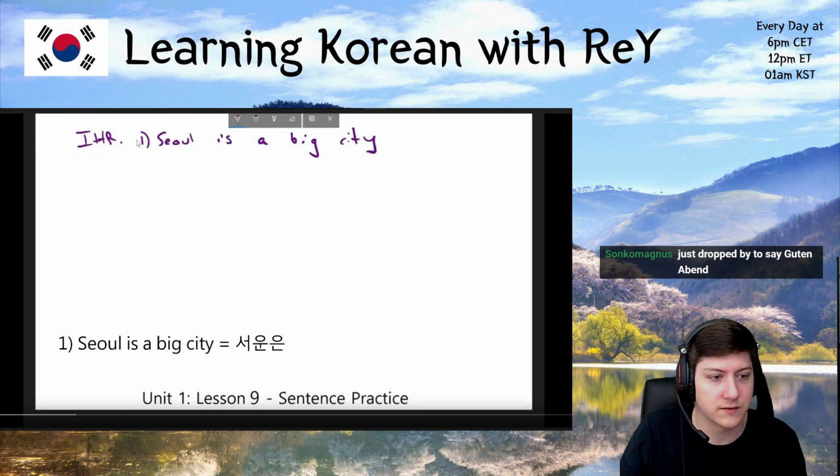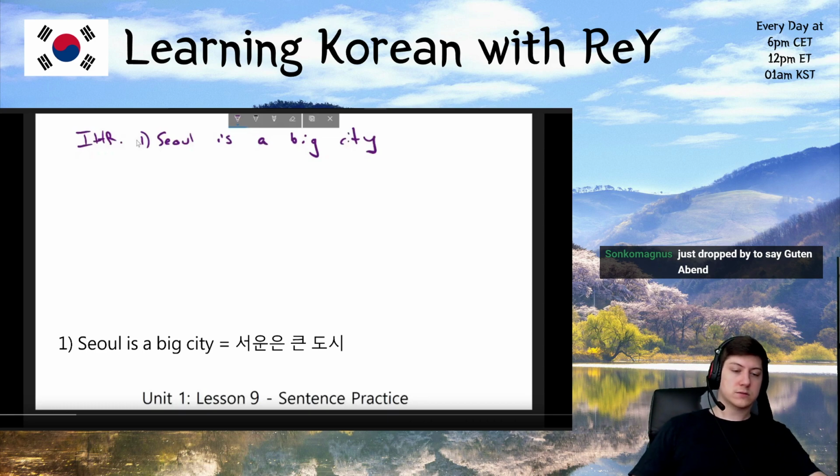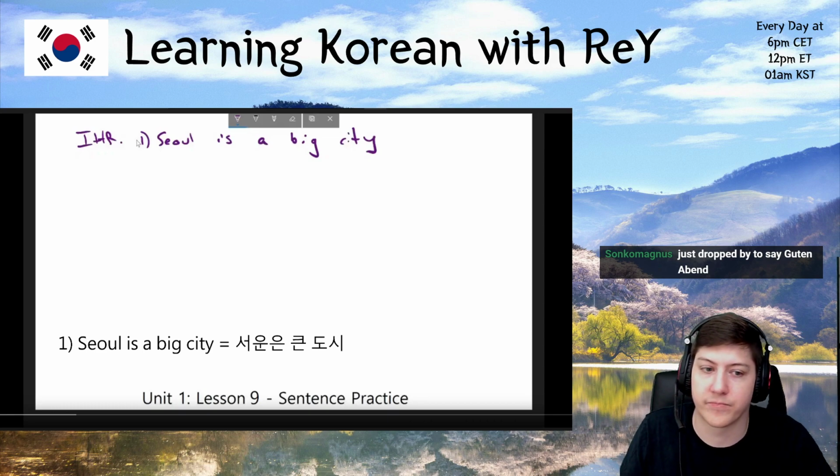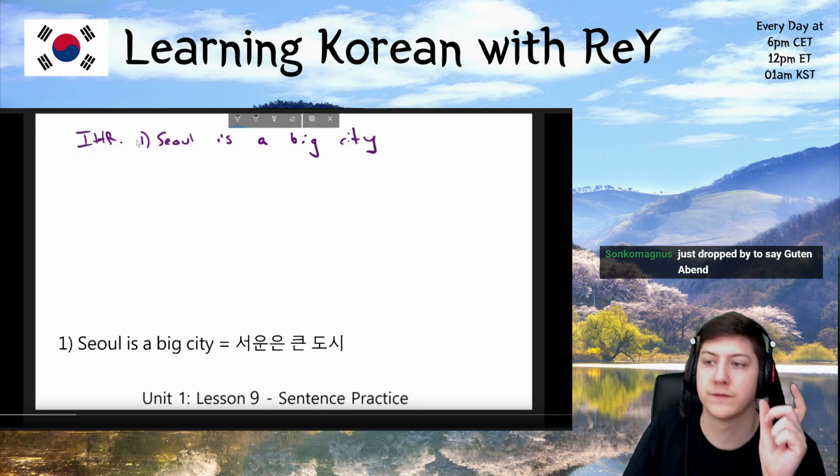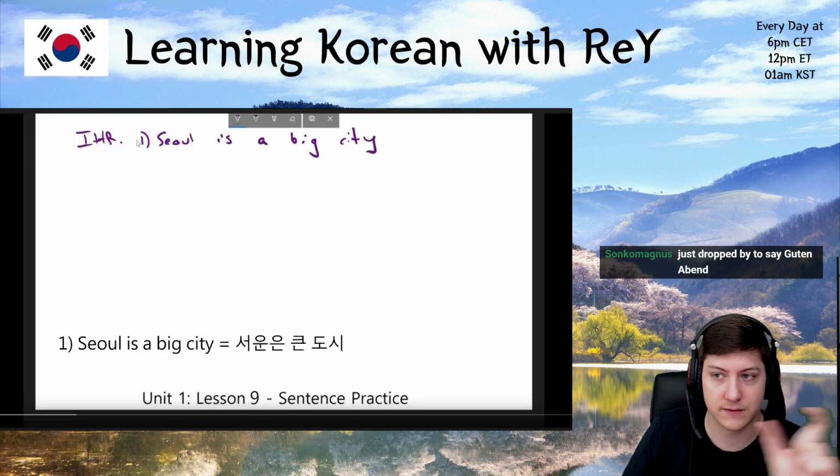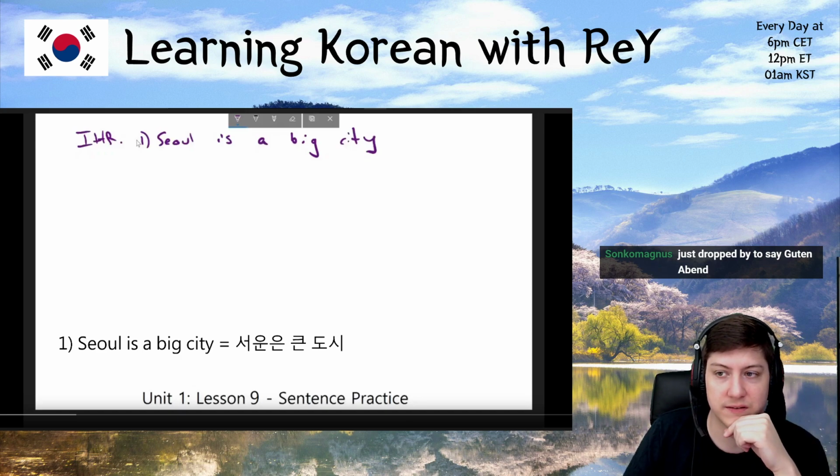Big city is kin toshi. Toshi. 도시. 큰 도시, big city. And now we have usually ida, right? Like added to the big city.